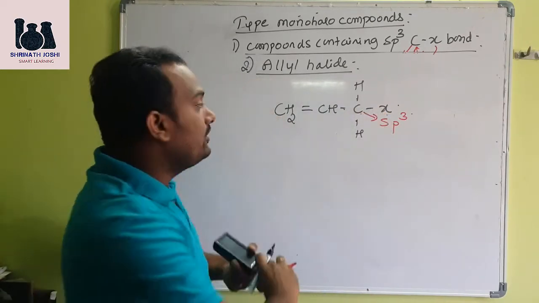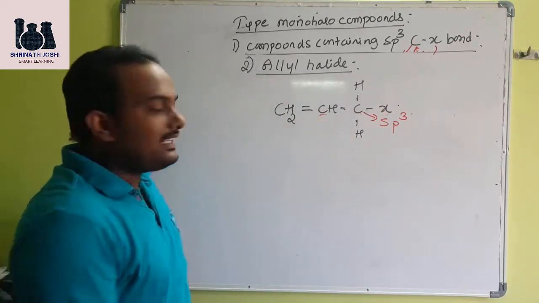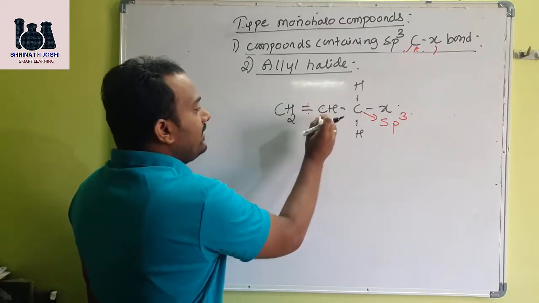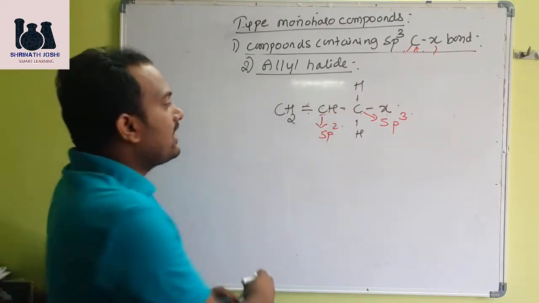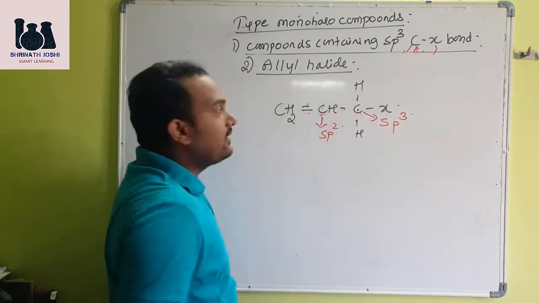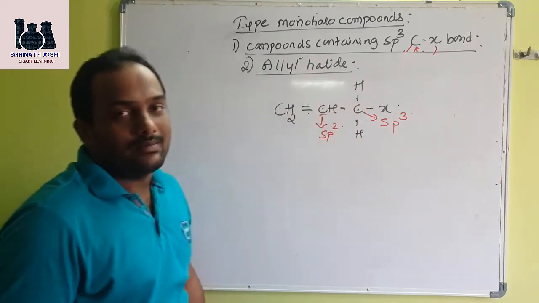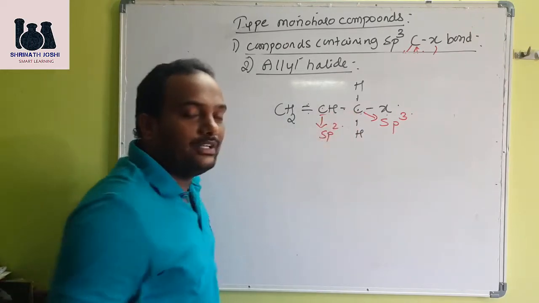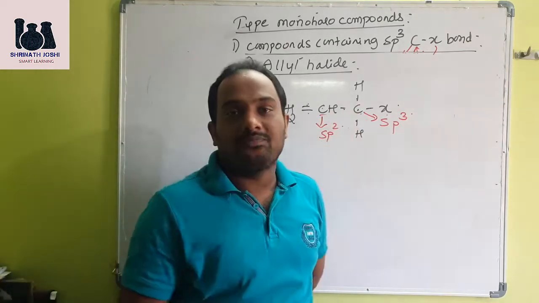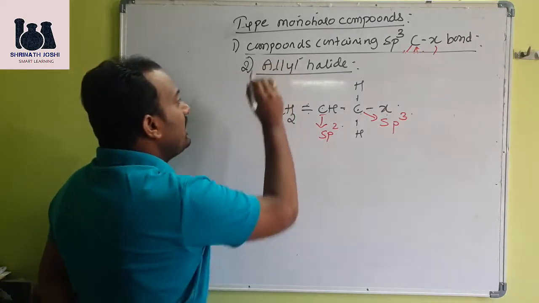But look into the next carbon atom. That carbon atom which is doubly bonded means it must be which one? sp2 hybridized. Such carbon, this carbon is not alkyl, is supposed to be called as what? Allyl carbon atom. Allyl carbon atom is one which is next bonded to sp2 hybridized carbon of alkene. Such compounds are supposed to be called as allyl halides.